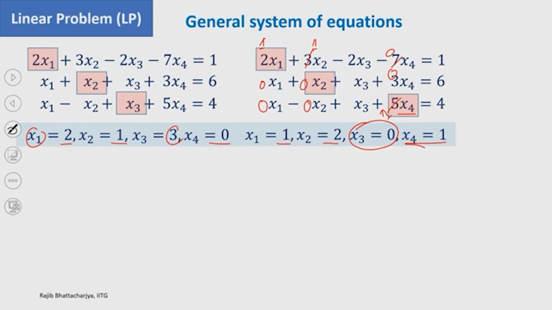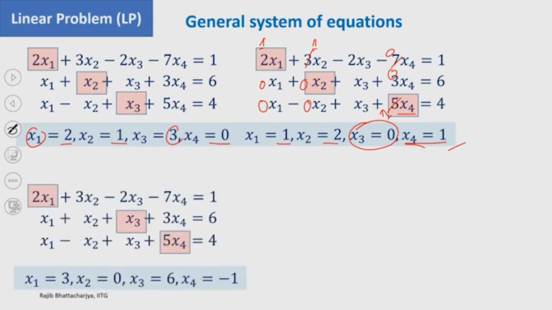So, this is the first solution where x1, x2, x3 are basic variables, and for the second case, if I consider x1, x2 and x4 as basic variables, then I am getting another solution. In the third case, I can consider that x1, x3 and x4 are basic variables, and x2 as a non-basic variable.